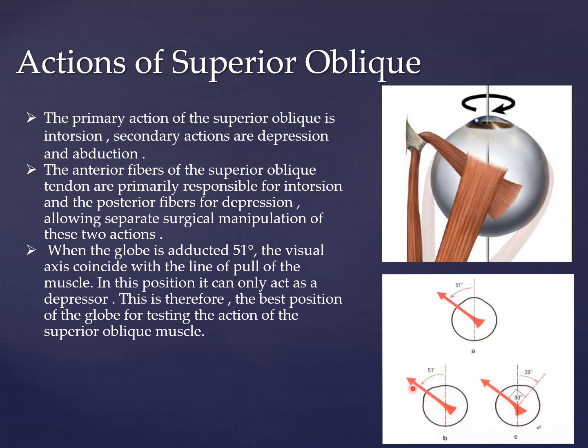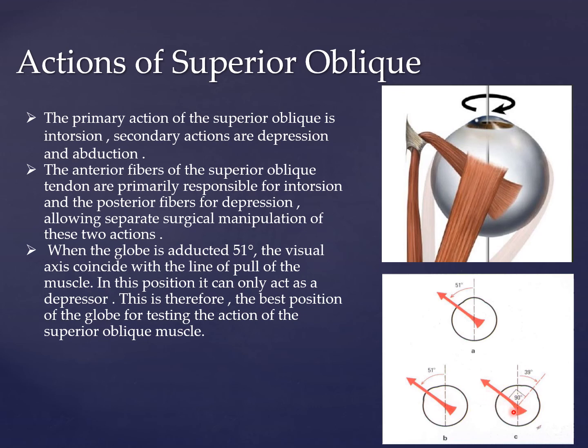So in this position, the superior oblique only acts as a depressor, because its line of action is no more oblique. It is aligned with the axis of the eyeball. This is the best position to check the action of superior oblique, when the eye is in adducted position.